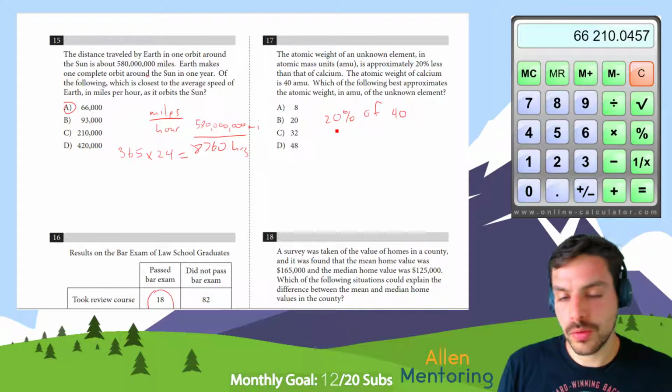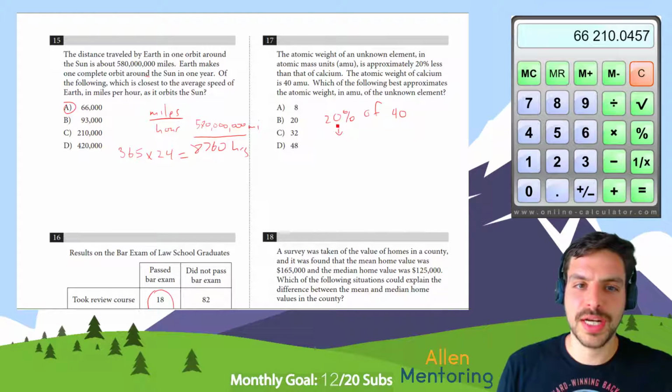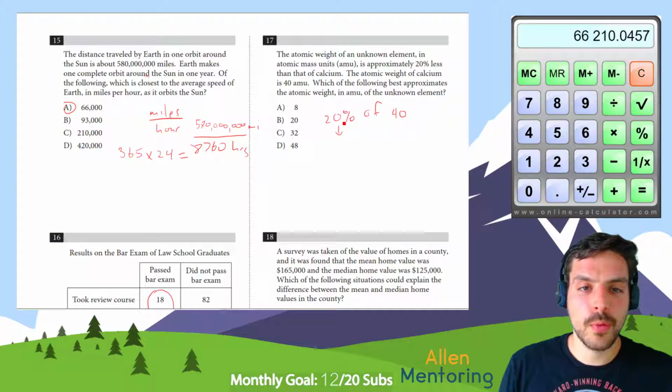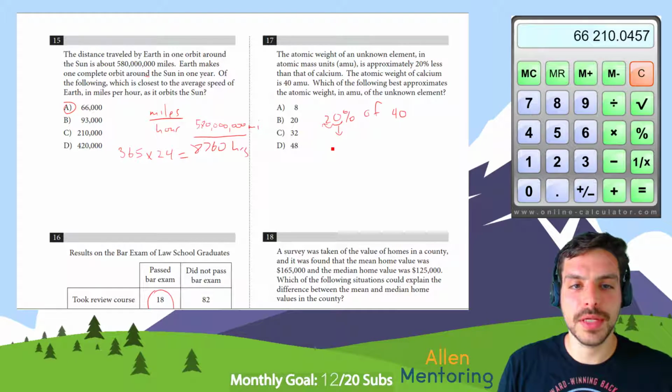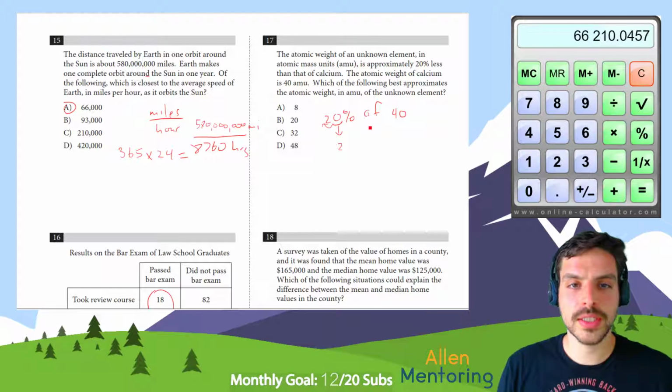And like most percent of problems, we just want to translate 2 things. The first is we want to translate this into a decimal. And the way that we do that is we move the decimal point to the left twice. So 20% becomes 0.20 or 0.2, they're equivalent.